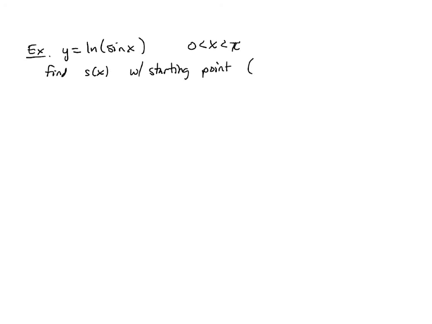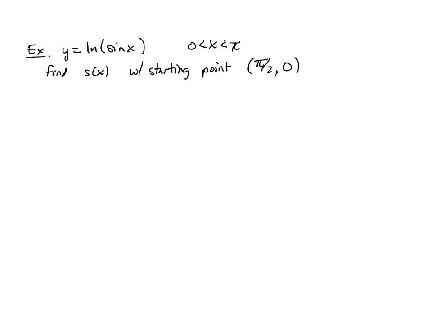So I'm interested in looking at the function y equals ln of sine x with the restriction that x is between 0 and pi. This makes sure that the sine function is positive, so I have a function that I can actually take the logarithm of. And I want to find the arc length function with the starting point of pi over 2 comma 0.